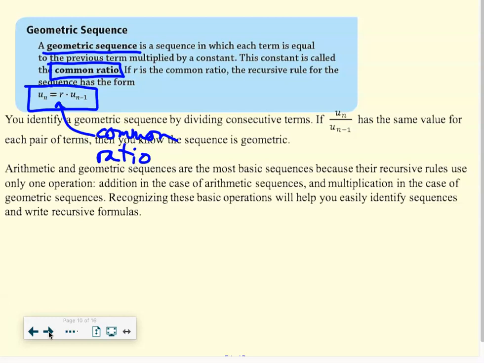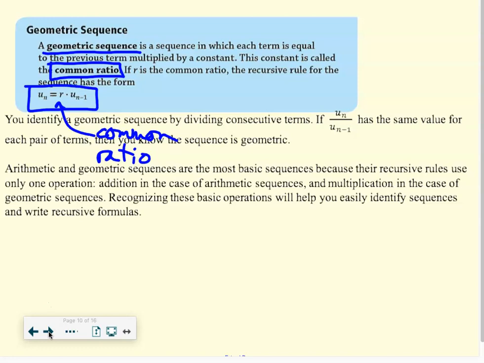Each term equals the prior term times the common ratio, which we call r for ratio. This is the general term of a geometric sequence.